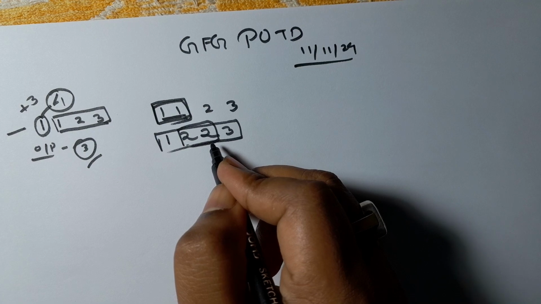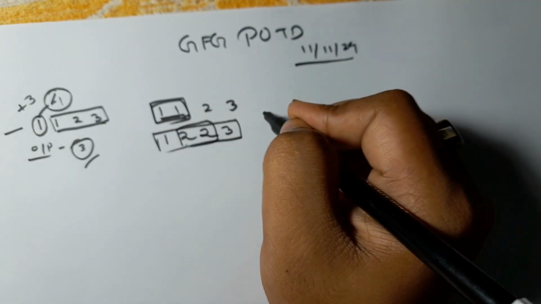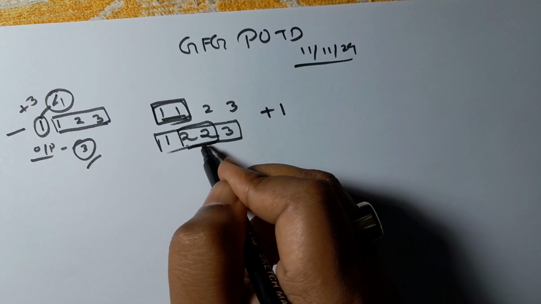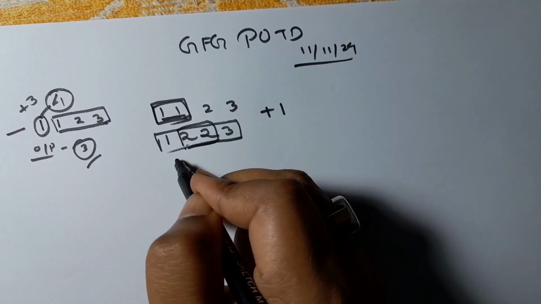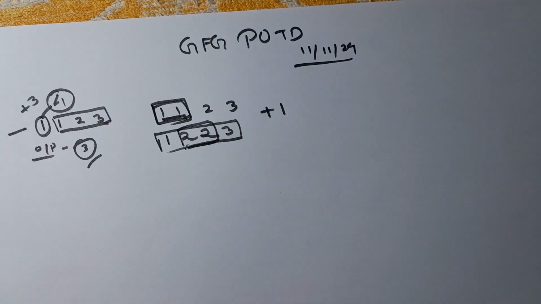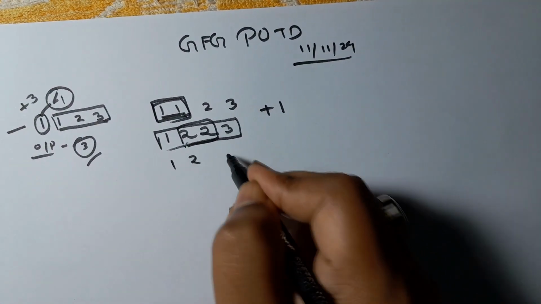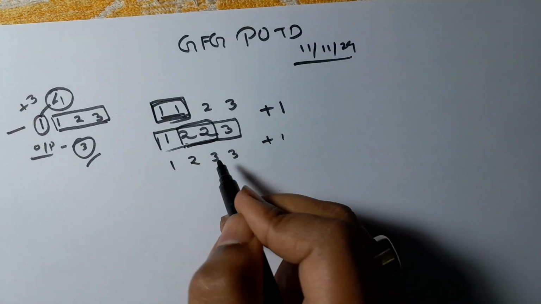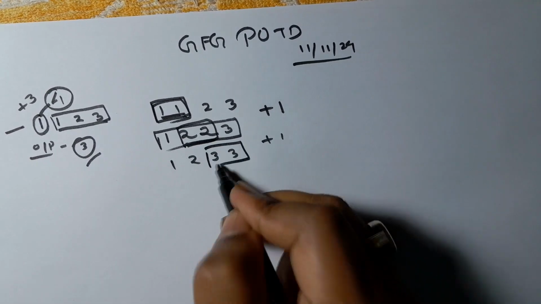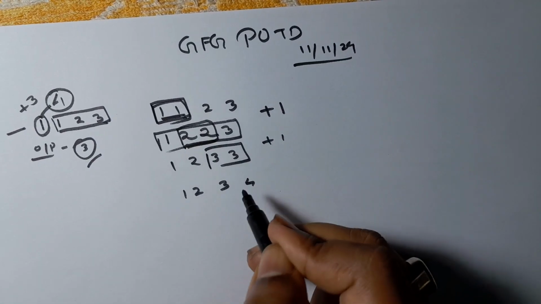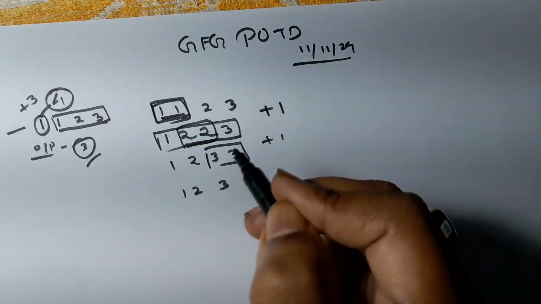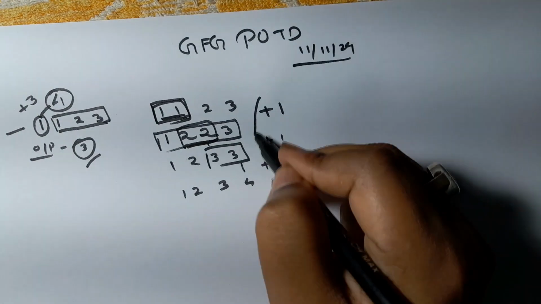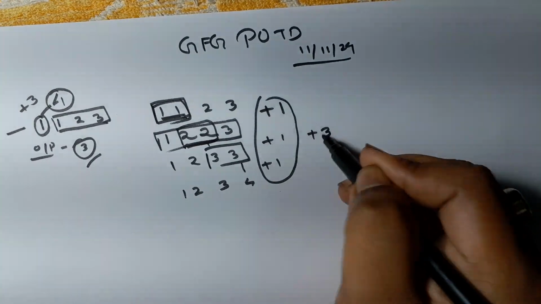For this we have incremented plus 1, because there are two twos. Then for 1 2 3, we have incremented plus 1 here also. This pair is completed. Now the last pair, 1 2 3 4, here also we have incremented plus 1. So in total we have incremented plus 3.